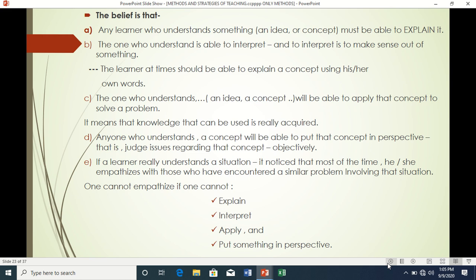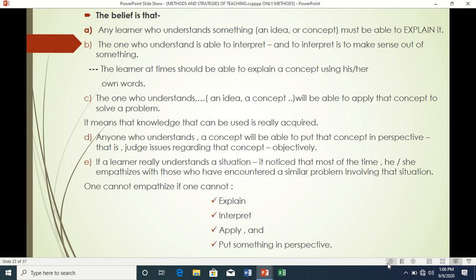You find that the aged among the groups, because they have understood certain concepts, certain ideas, when they put themselves together, they are able to put the case before them in perspective. They can judge the issue regarding what has happened objectively. That is what it means.